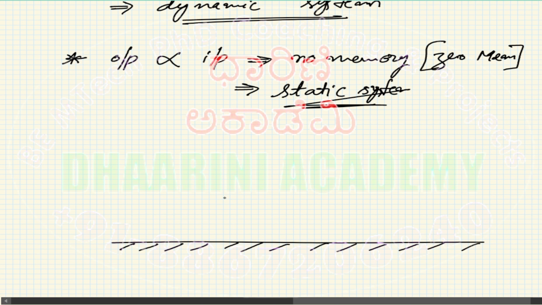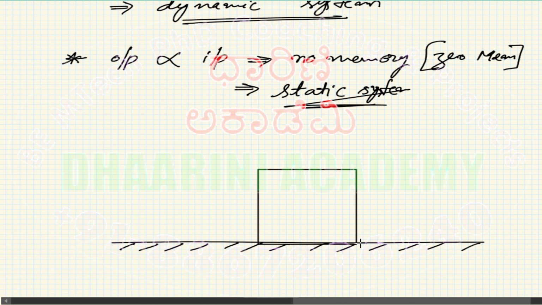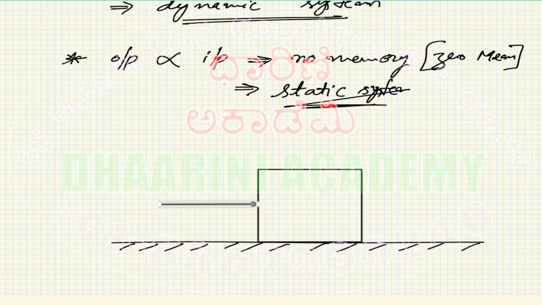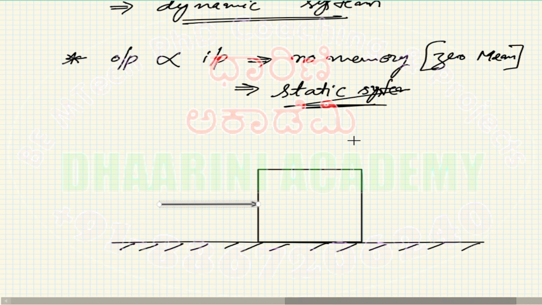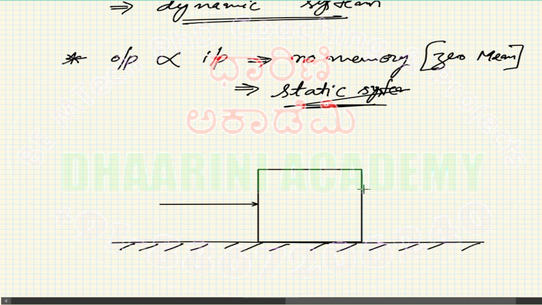Let me say I have a mass here, and I'm applying several sets of forces onto it, and this is going to generate the outputs in terms of two variables, let's assume.